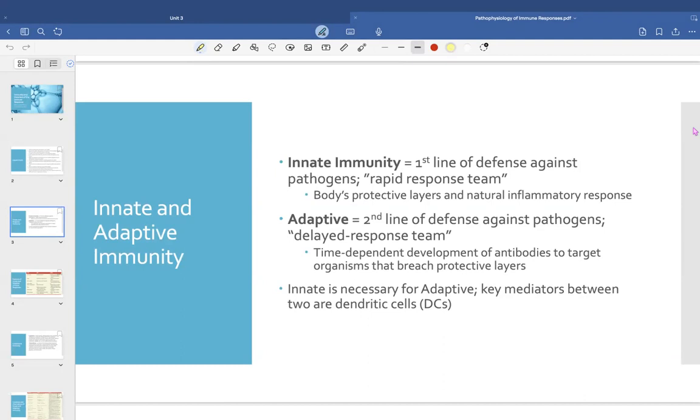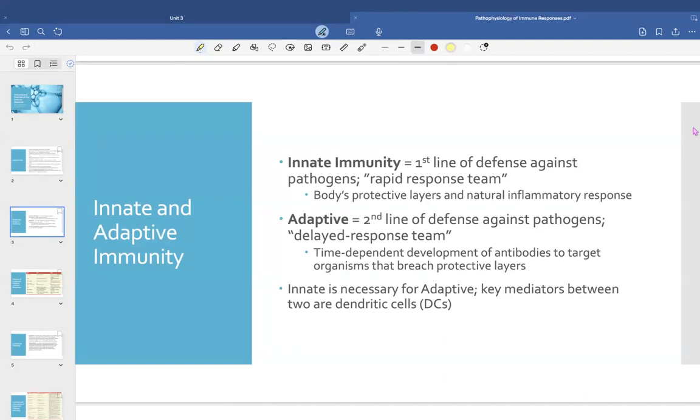The adaptive ones are pre-educated. They don't really recognize it the first time, or they have to get to know the person in order to say, oh no, this person's no good. Next time you come, bar the doors. That's your adaptive immune system.